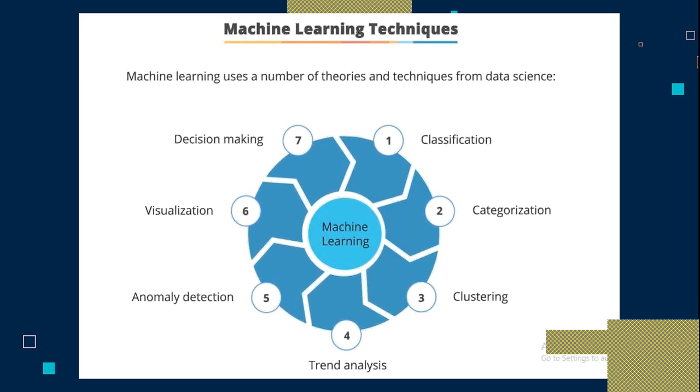For anomaly detection, for networking purposes, obviously we are using machine learning. For taking the data in a visualization format, we can use machine learning. And for taking the proper decision, we can use machine learning. So today we stop here. Okay.